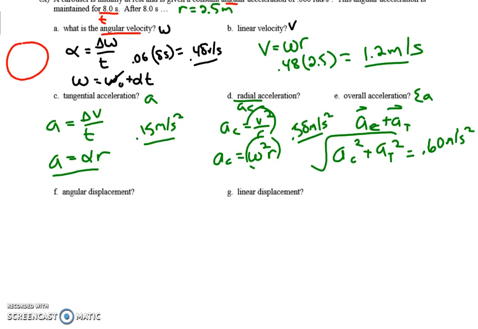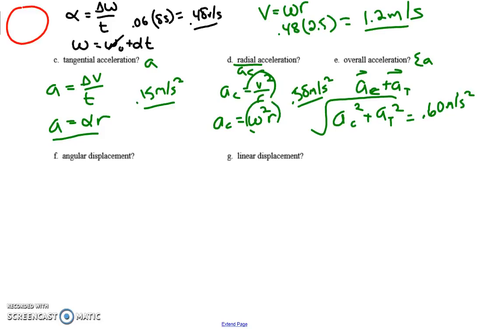Okay, lastly, angular displacement and linear displacement. We have to recognize the symbol for this so we can choose the right equation. That's theta. The only equation we have right now is theta equals s over r. And s is the linear displacement, which we don't know. So we want to use how angular displacement evolves in time.